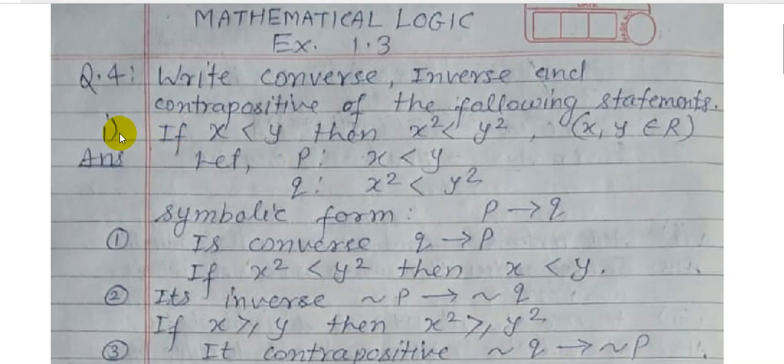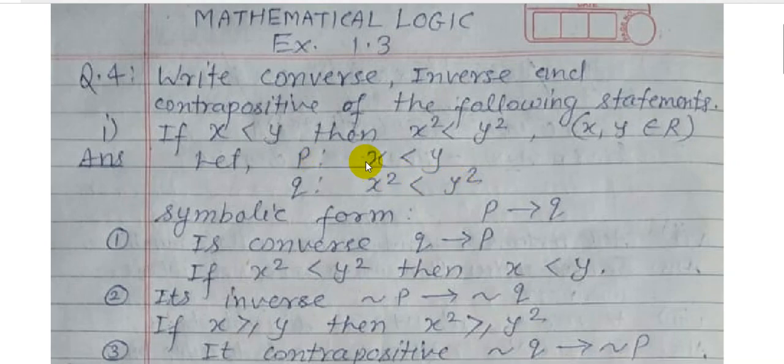So see what is question 4 first. If x is less than y, then x square is less than y square, provided that x, y belongs to R, real numbers. So we should consider P as x is less than y, for the first part, and Q as x square is less than y square.